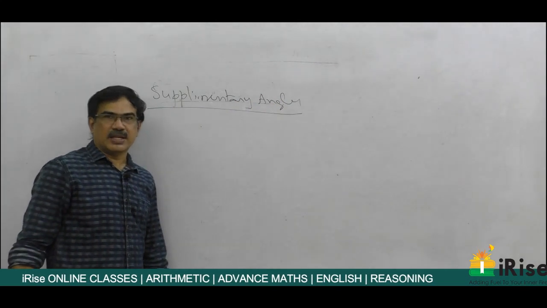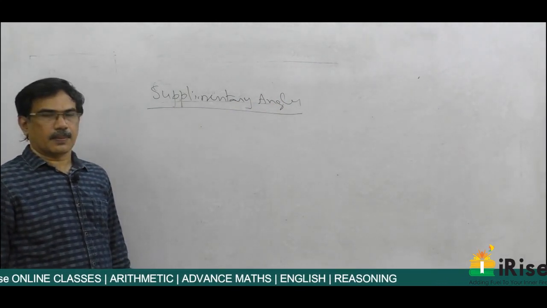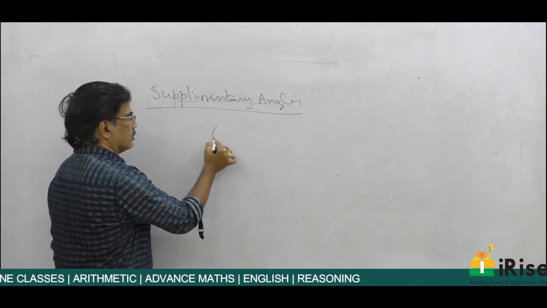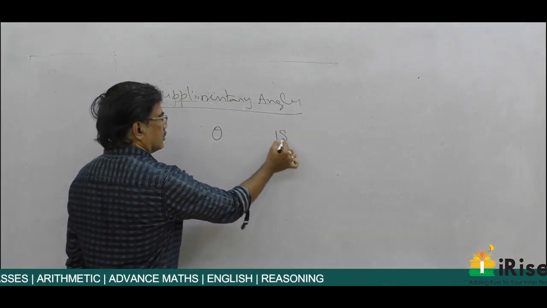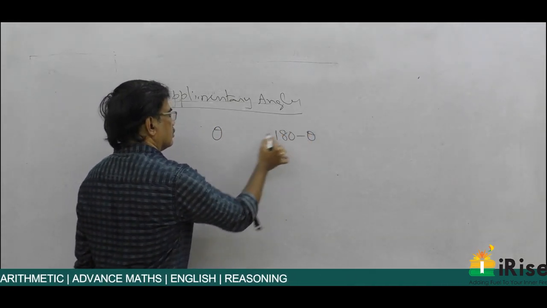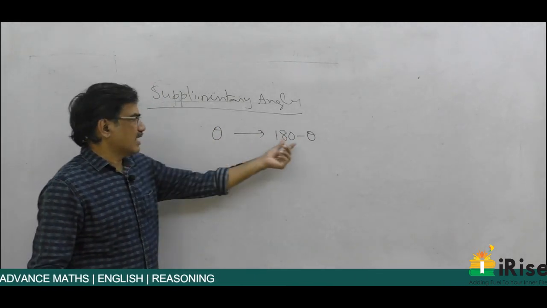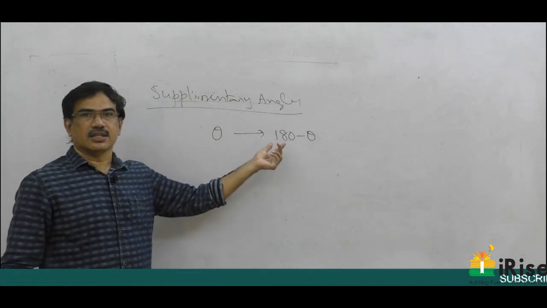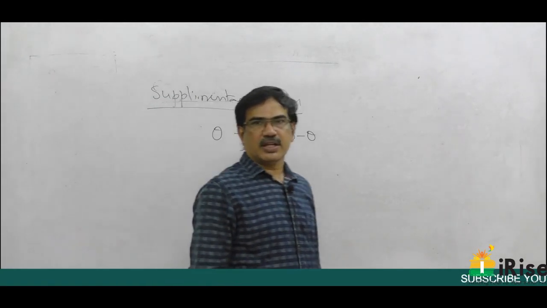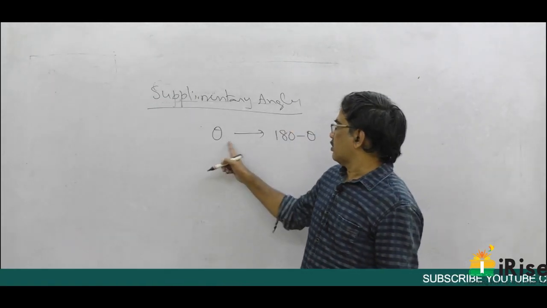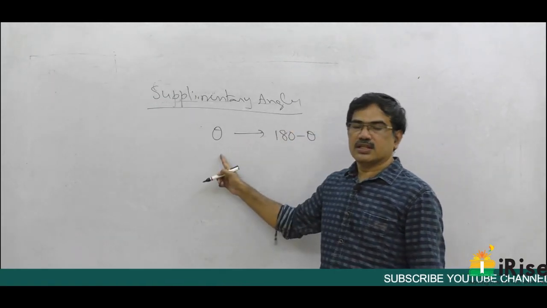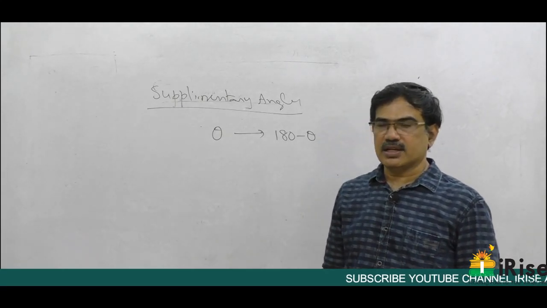What are supplementary angles? These are called supplementary angles. If the sum of two angles is equal to 180 degrees, they are called supplementary angles.